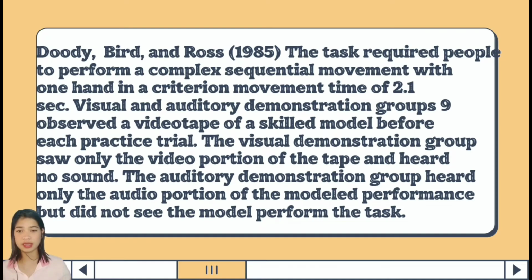So the result of the research indicates that the group that heard the audio portion of the performance did better than the visual demonstration only group. There are two research examples showing the benefit of auditory modeling for learning rhythmic sequence.